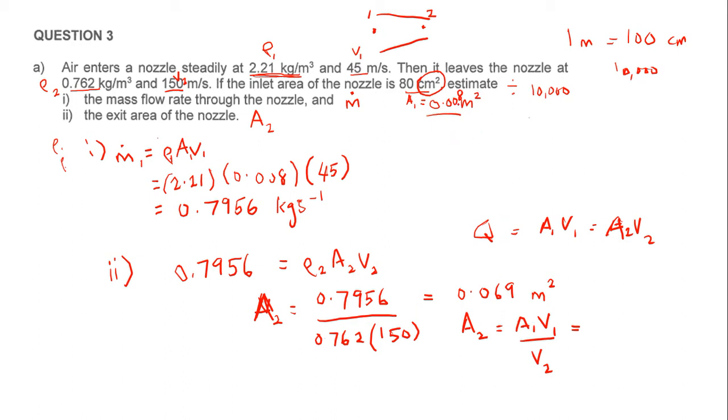A1, 0.008 times V1, 45, divided by V2, 150, which is 2.4. 2.4. Oh, the answer is different.